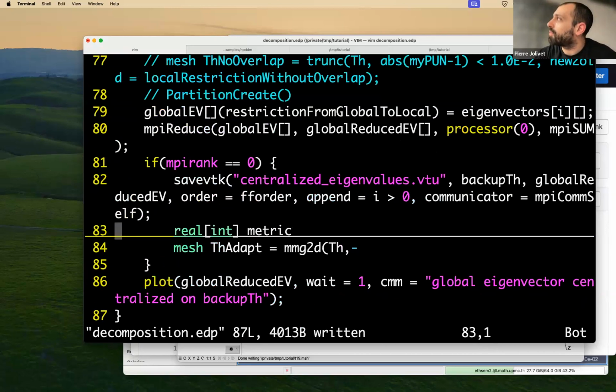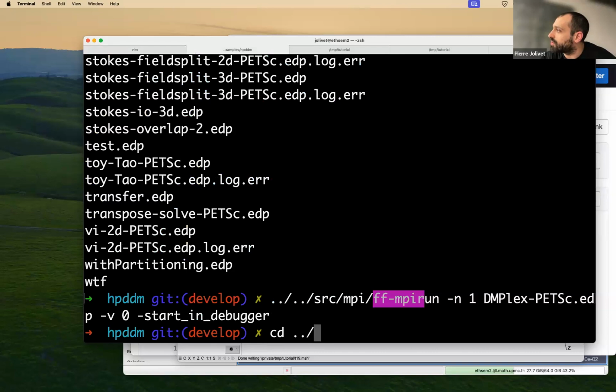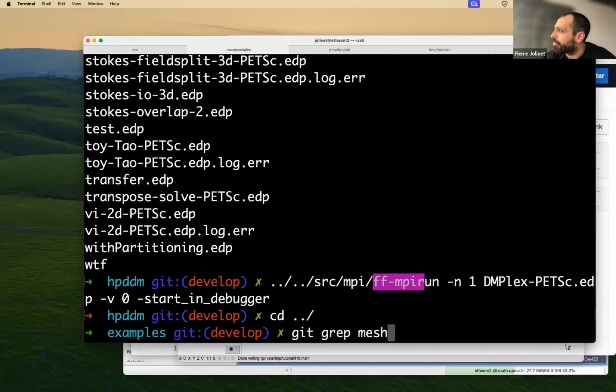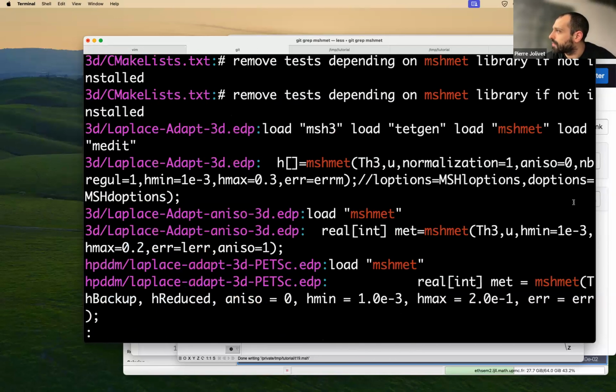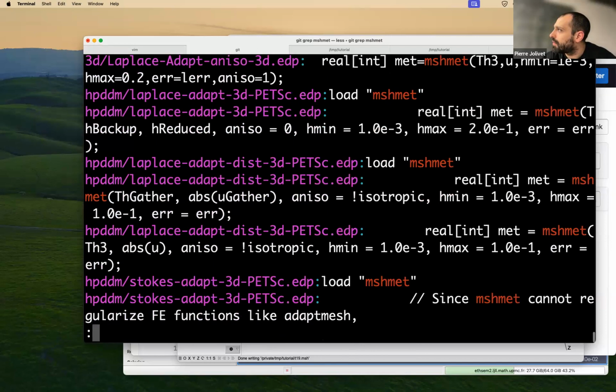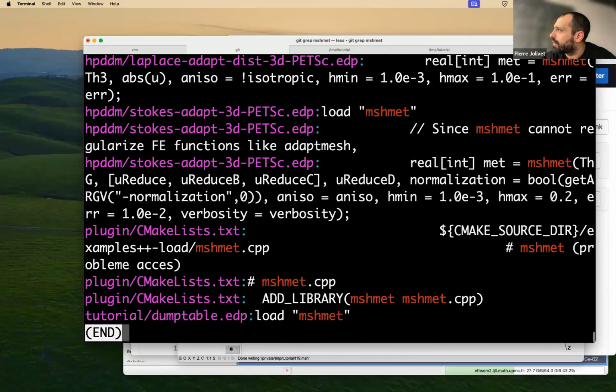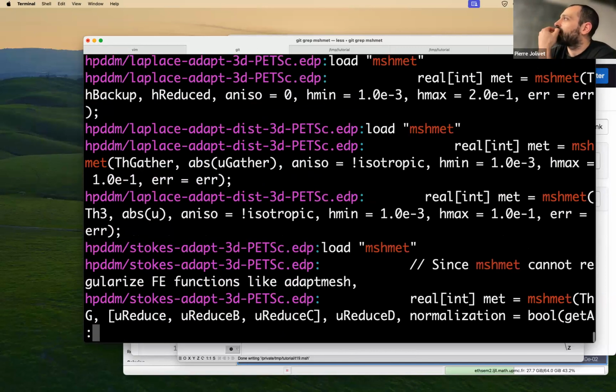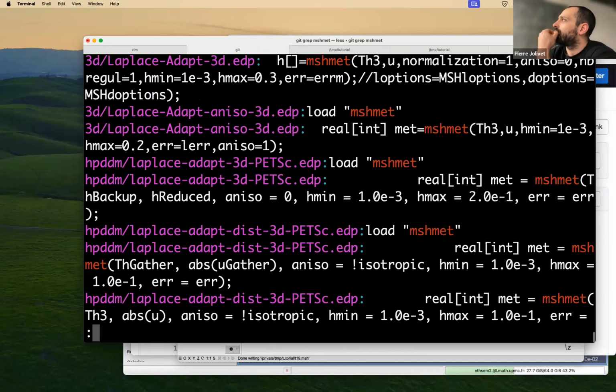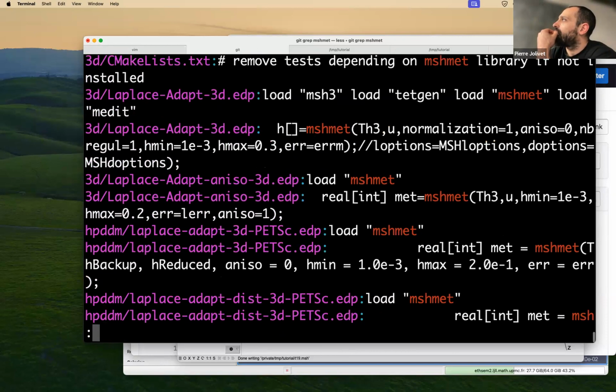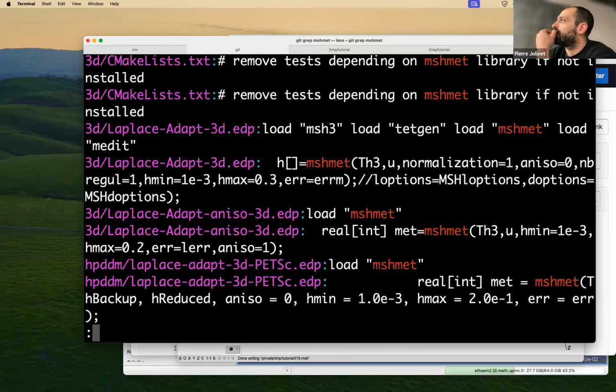I'm not an expert of mesh adaptation, so I will just look at the examples. No, in fact, I'm not even sure. mshmet only works in 3D.